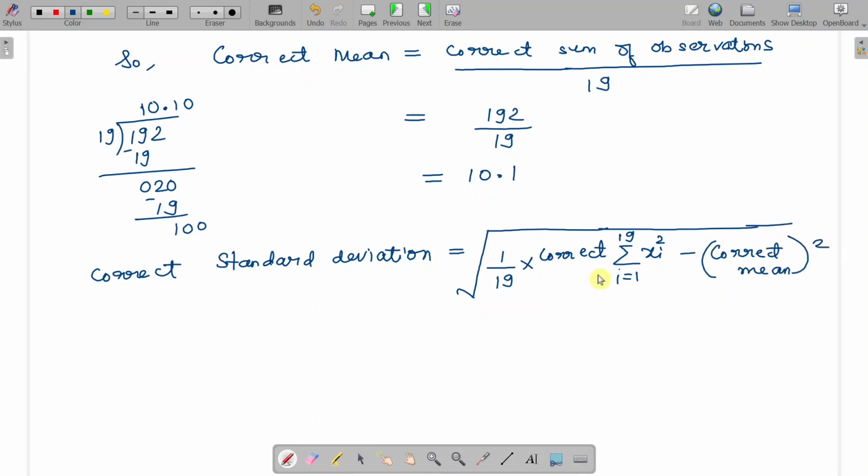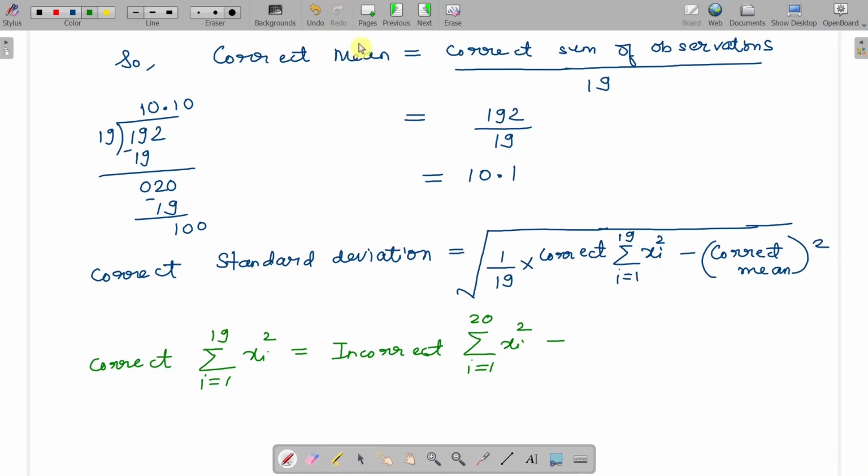Now what we have to find is the correct summation i going from 1 to 19 xi square. For that, let us see what we have to do. Correct summation i going from 1 to 19 xi square will be equal to incorrect summation xi square, i going from 1 to 20, minus 8 square, right, because 8 we have omitted.